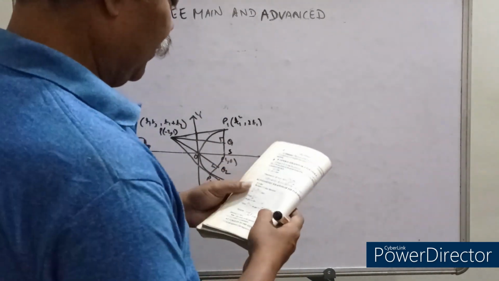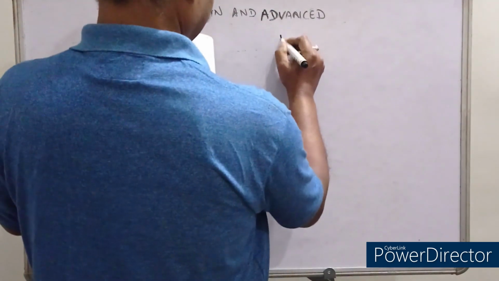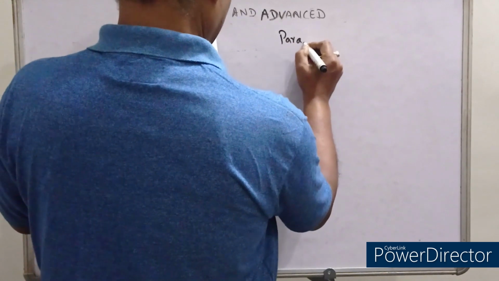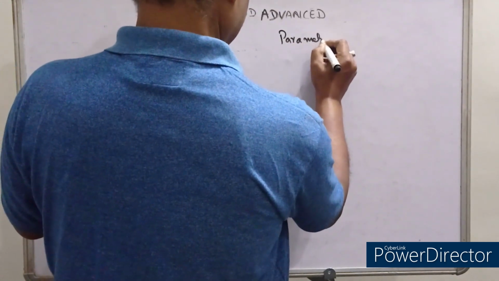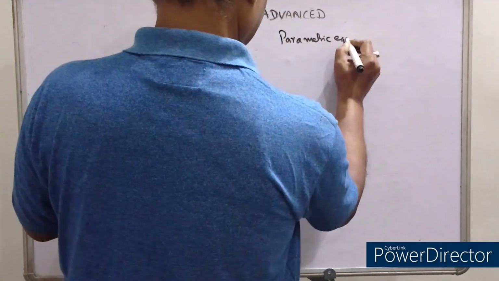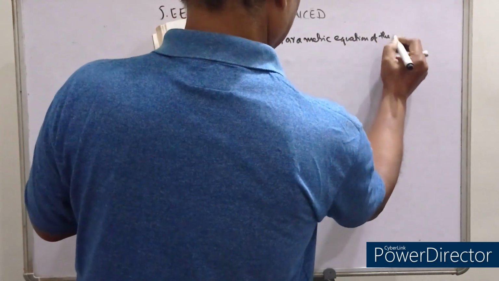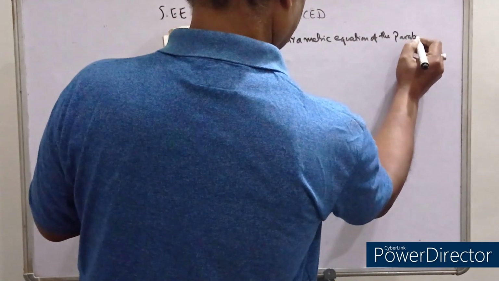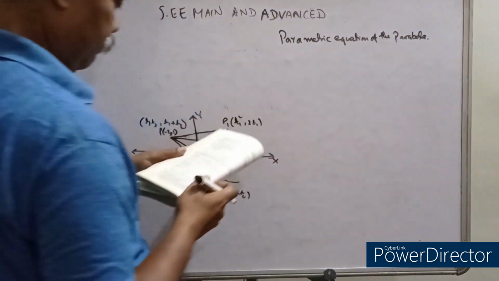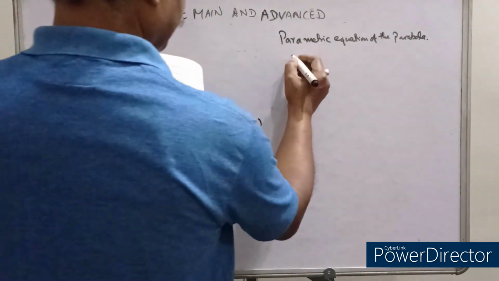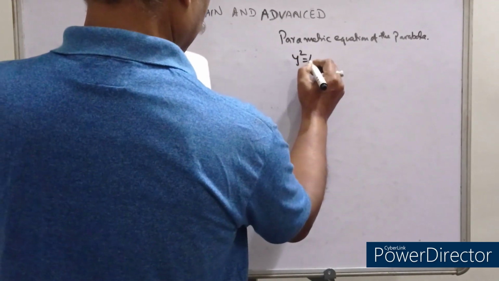So I am writing the theory here, that is the parametric equation of the parabola. According to this, y square is equal to 4ax.